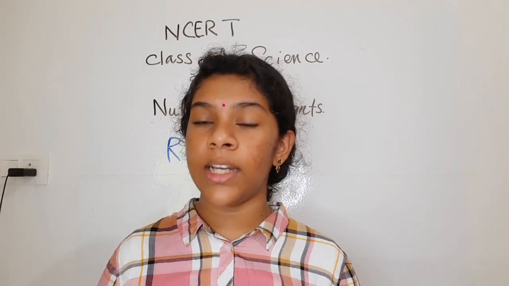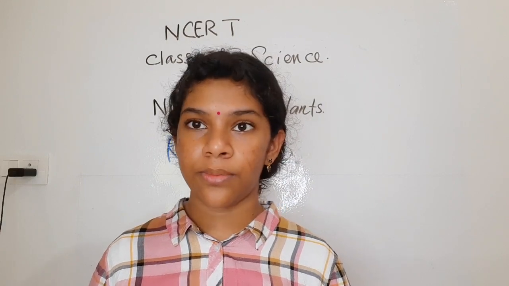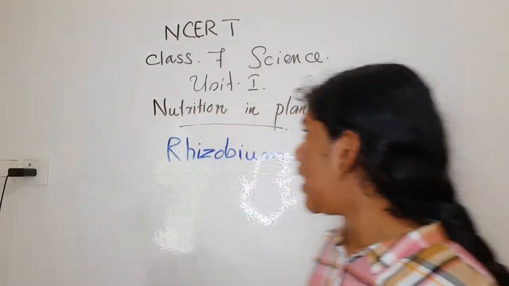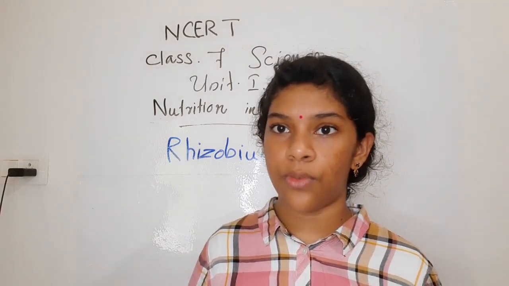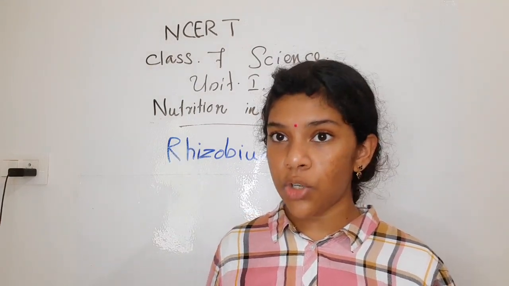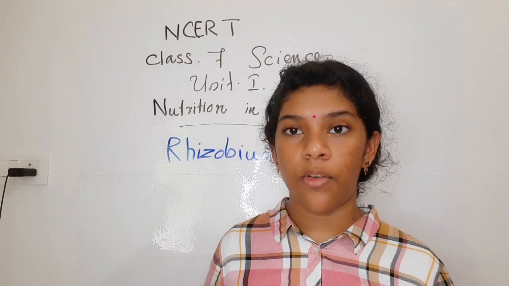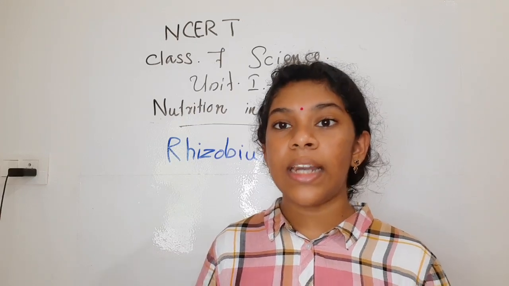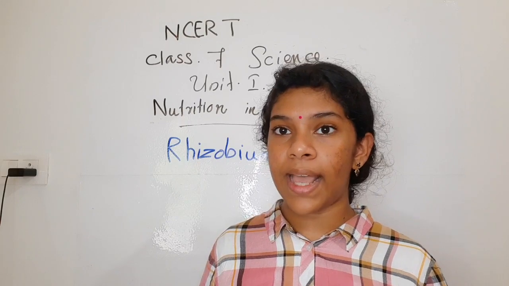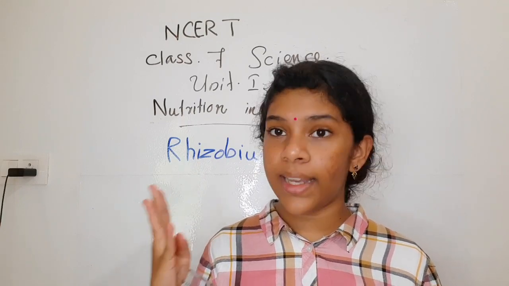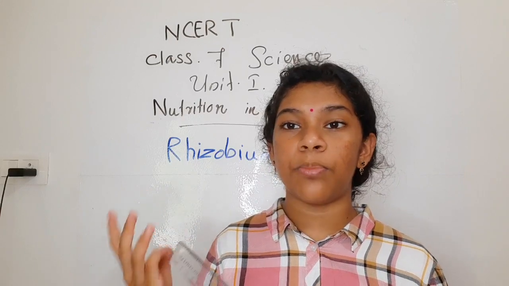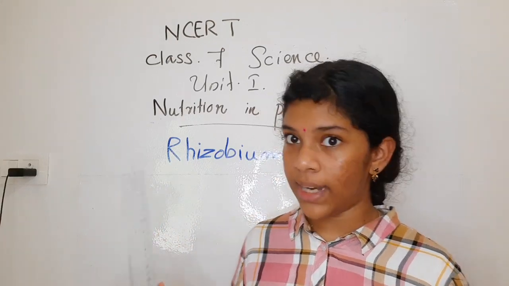Nitrogen is everywhere in our atmosphere, but the plants can't use it directly like how they use carbon dioxide. They need the nitrogen to be in a soluble form, and the bacterium known as rhizobium converts the nitrogen into a soluble form. But rhizobium cannot make food of its own. So it lives in the roots of plants like moong, bean, peas, and gram and provides those plants with nitrogen.